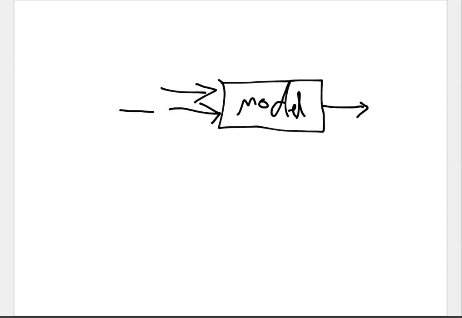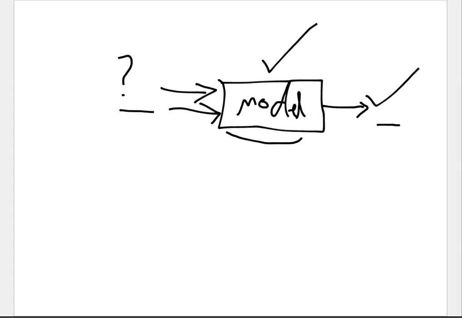If you know the input and output and don't know the model, it's modeling. But if you know the model and output, but you want to find the input, it is an optimization.